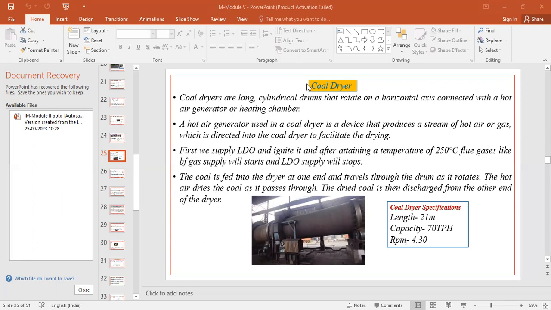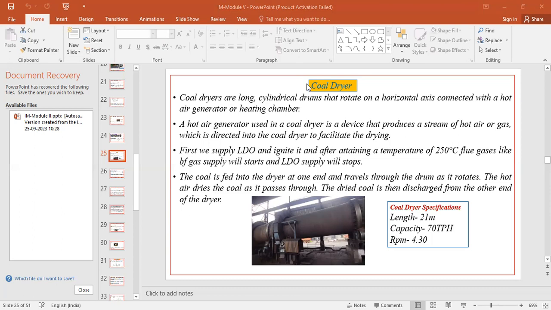So before you subject this wet raw material into the kiln, we dry it, and then the dried raw material is allowed to charge into the kiln.